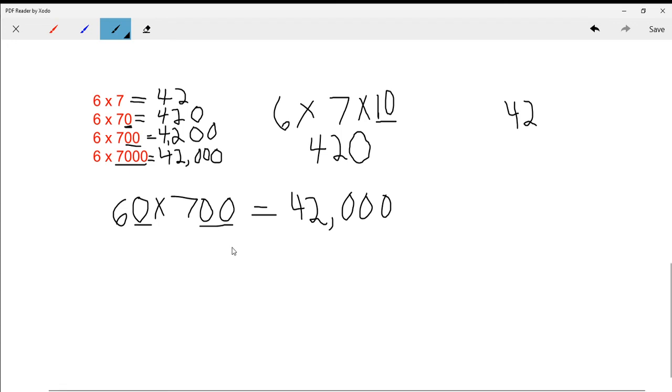So yeah, basically this works. If I were to just add 42 up 10 times, right? That's just how the numbers end up working out. So 10 groups of 42 is 420.